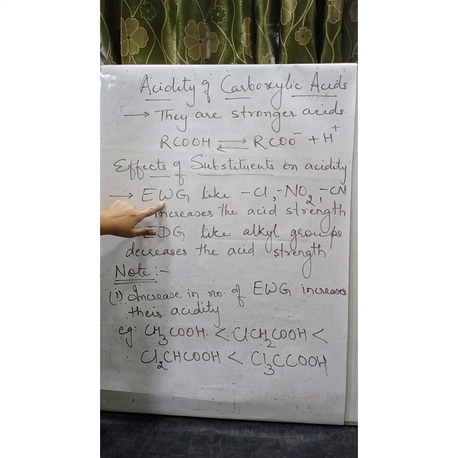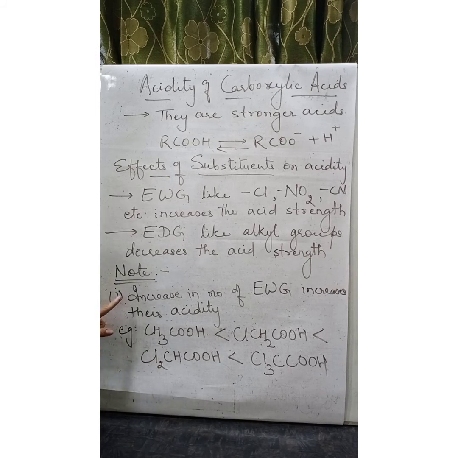Electron withdrawing groups like Cl, NO2, CN, etc. increase the acid strength of carboxylic acids. Electron donating or releasing groups like alkyl groups, etc. decrease the acid strength.